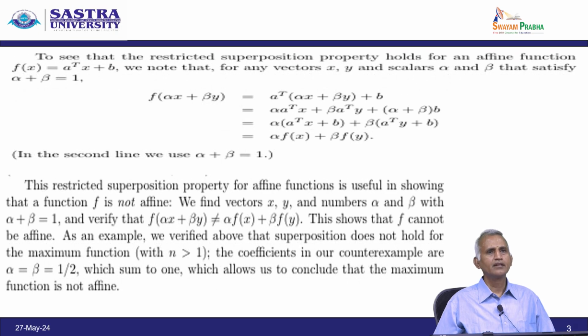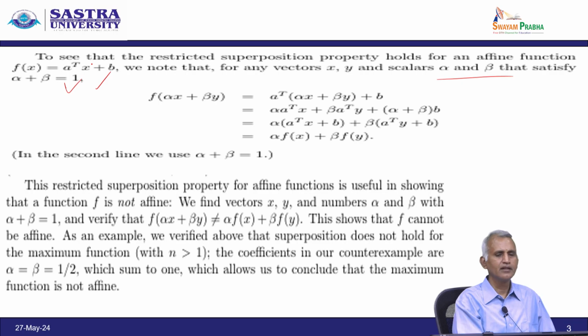To see that the restricted superposition property holds for an affine function f of x equals A transpose x plus b, we note that for any vectors x and y and scalars alpha and beta satisfying alpha plus beta equals 1, f of alpha x plus beta y equals A transpose into alpha x plus beta y, plus b. Multiplying them, this equals alpha A transpose x plus beta A transpose y plus alpha plus beta into b.